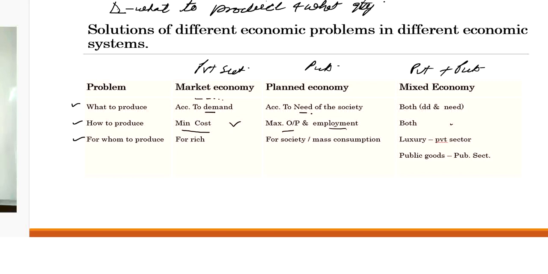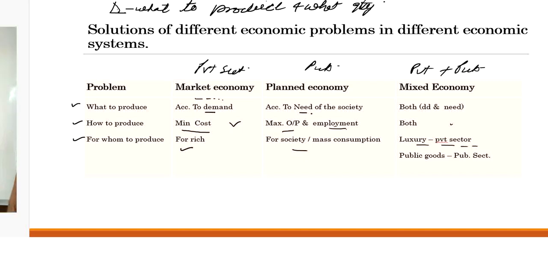Third problem, for whom to produce? Private sector will produce for the rich section and public sector will produce for the mass consumption. They may be poor, middle or rich. In mixed economy, all luxuries are produced by the private sector, like your car, AC, refrigerator, all comforts.